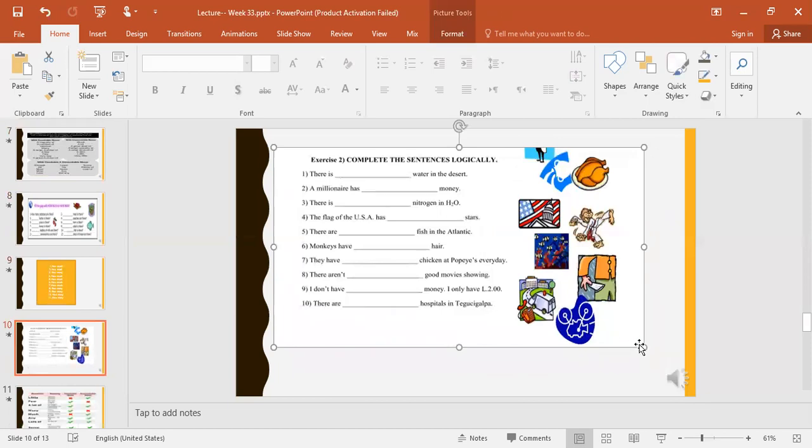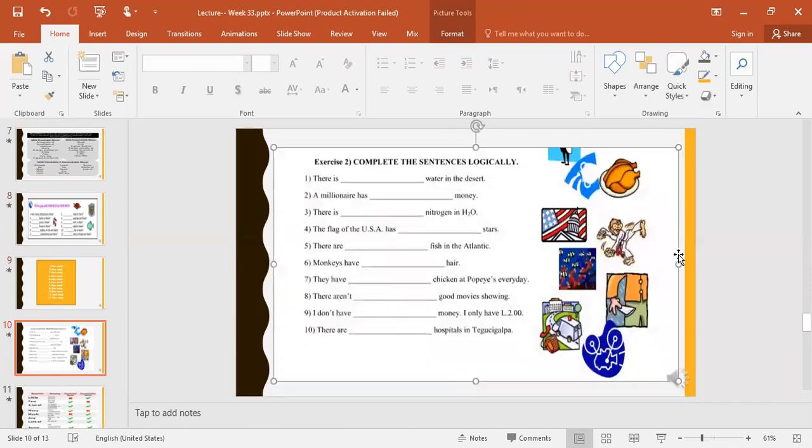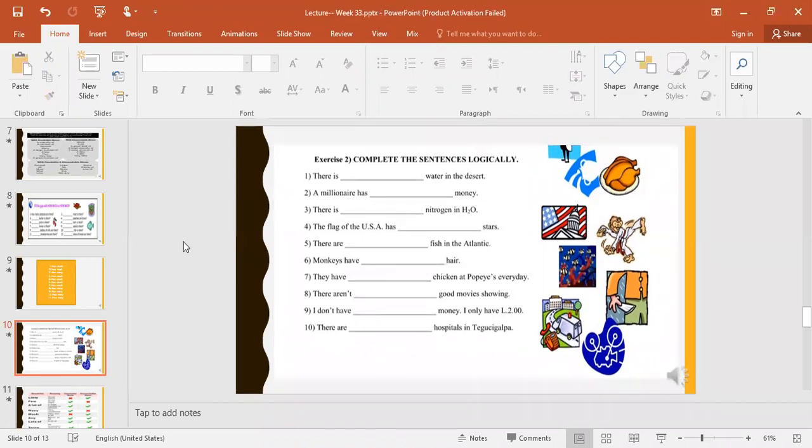I'm going to move to this. Okay, guys, can you tell me, did we solve this exercise or not? Yes?